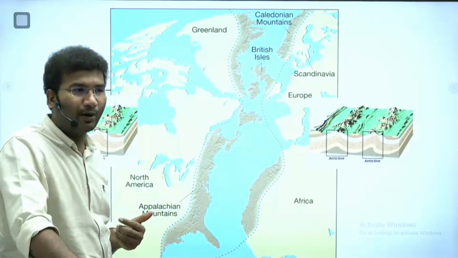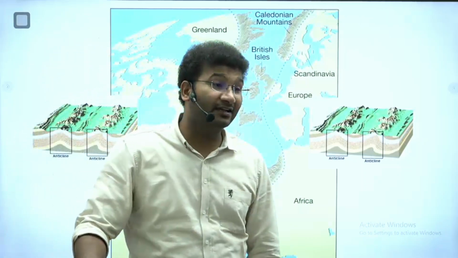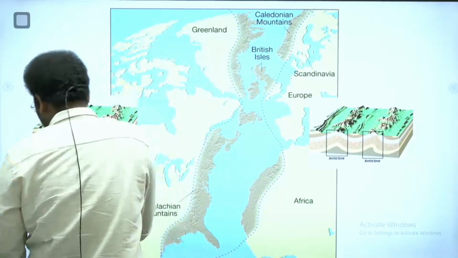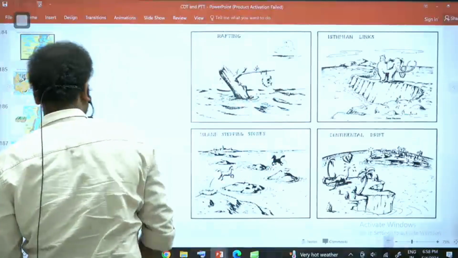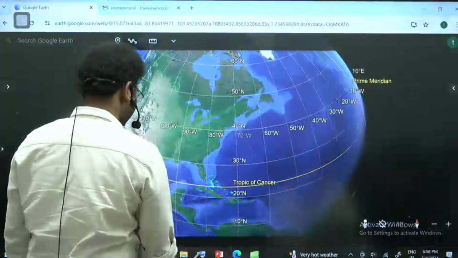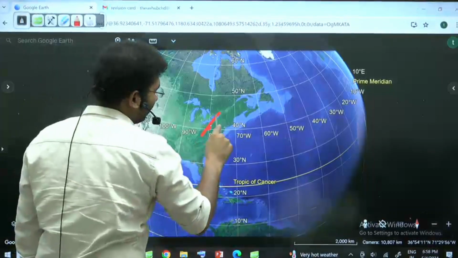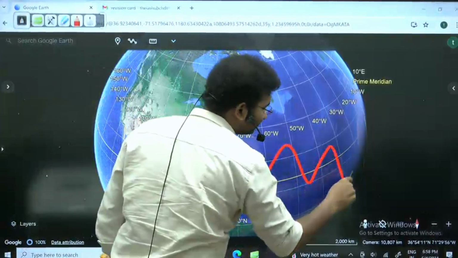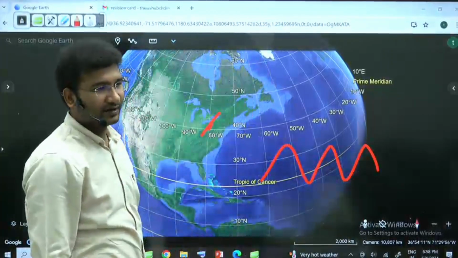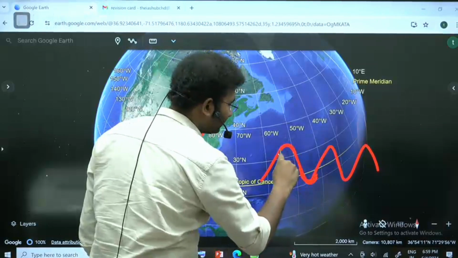Second evidence is mountains. See, with these mountains, he started to understand the anticlines and synclines. What do you mean by anticlines and synclines? It is like this. Imagine this is a mountain. Right? This is called as the syncline, and this is called as the anticline.